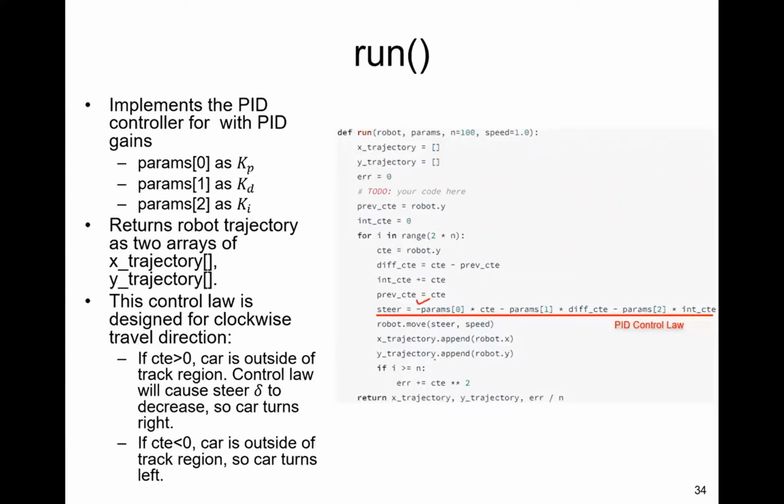With this particular definition of control law, you get the effect that if CTE is positive, which means that the car is outside of the track region, the control law will cause the steering angle delta to decrease. The car turns right, and vice versa.